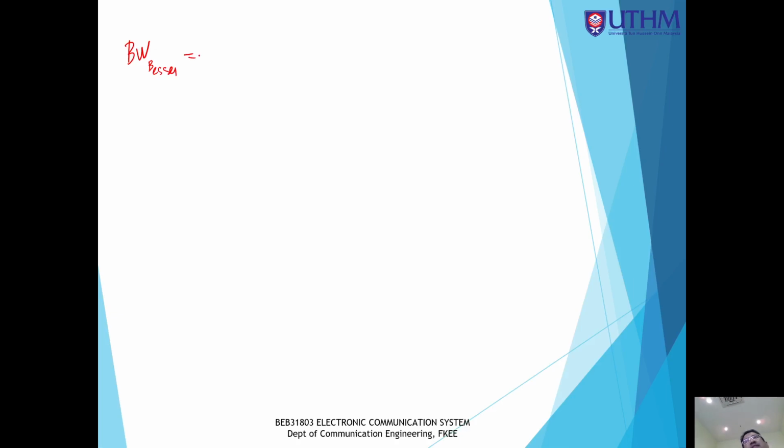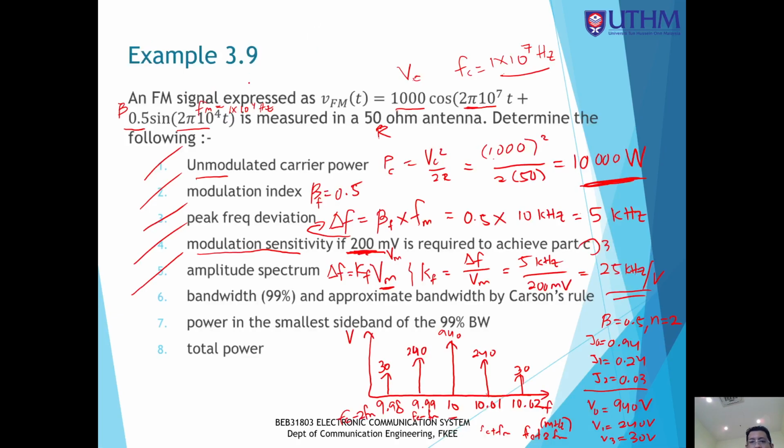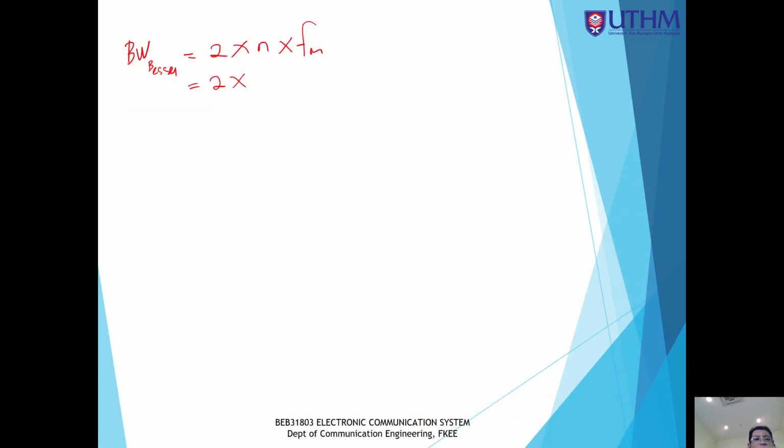Bandwidth by Bessel, if you see from your lecture notes, is equal to 2 times n times Fm. Based on the Bessel table, how many n do we have? n is equal to 2. The number of significant sidebands for beta equal to 0.5 gives n equal to 2.